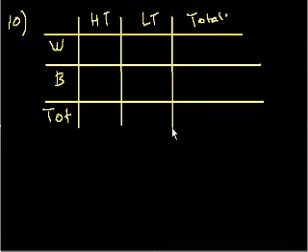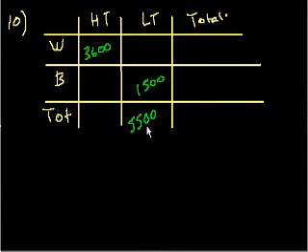And what numbers do they have in the box? They're 3,600 here, 1,500 here, 5,500, and then 10,000. So even before reading this question, I can tell you they're just going to want us to fill in this diagram.